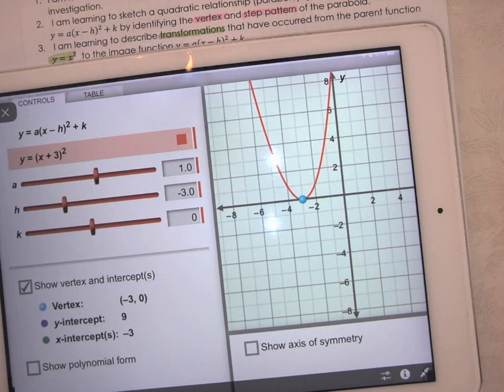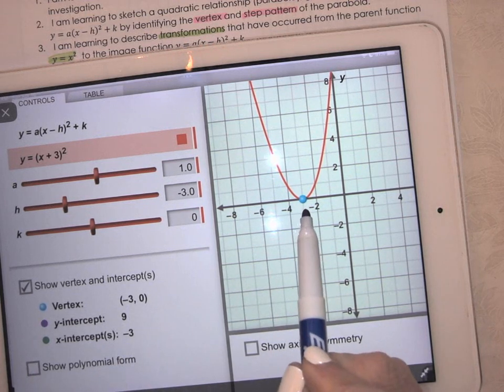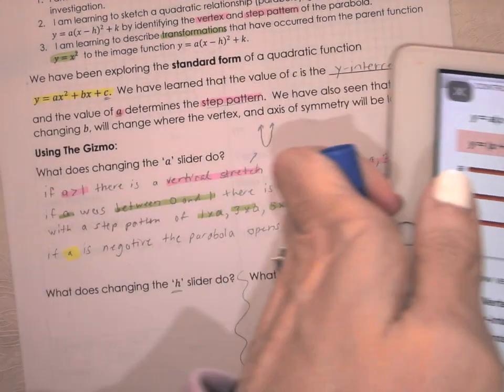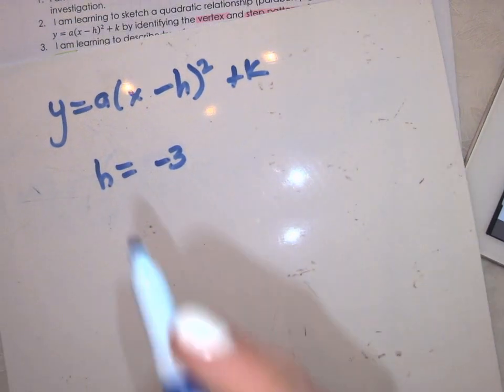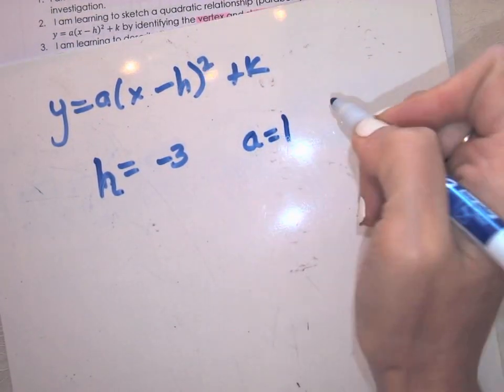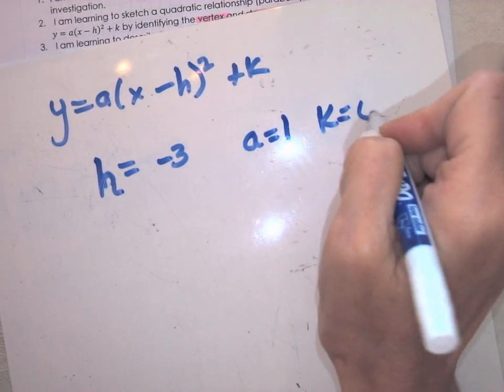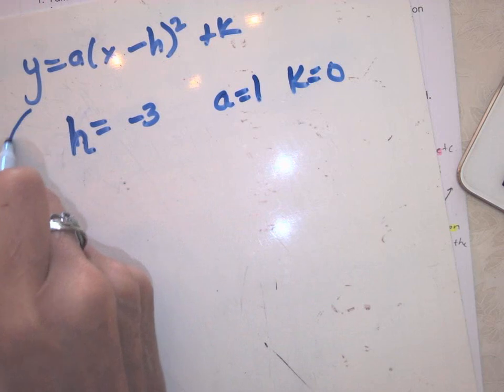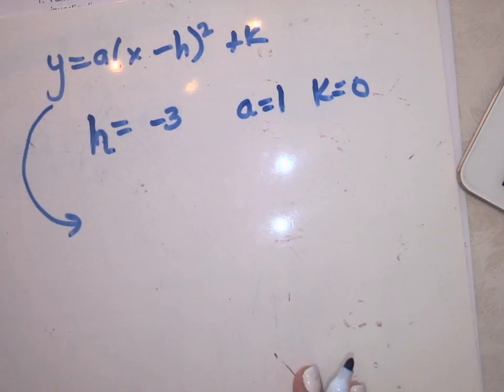So we had our H slider fixed at -3, and we can see the vertex is at -3, 0 right there. Okay? So if I look here, I've locked my A slider in at 1, I've locked my K slider in at 0. So if I'm just substituting A, K, and H into this general formula, let's see what I get.